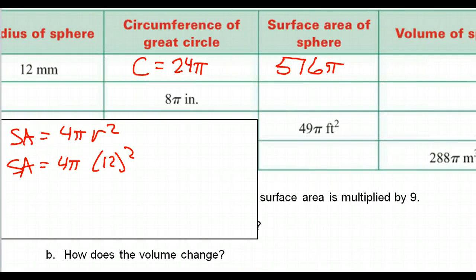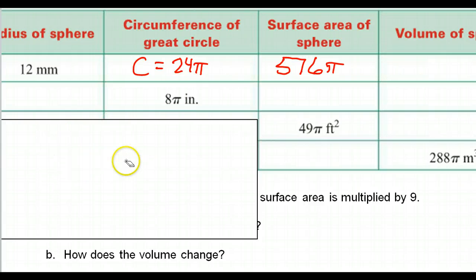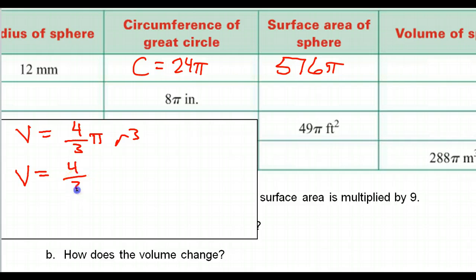And then we need to find the volume of the sphere. So that's just one more formula. Okay, that volume is 4/3 pi radius cubed. So that's going to be 4/3 pi times 12 cubed.